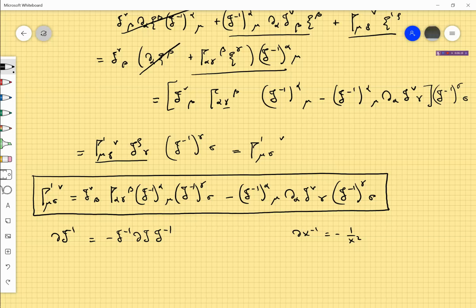The fact that this is true, you can prove using that this is equal to 0.